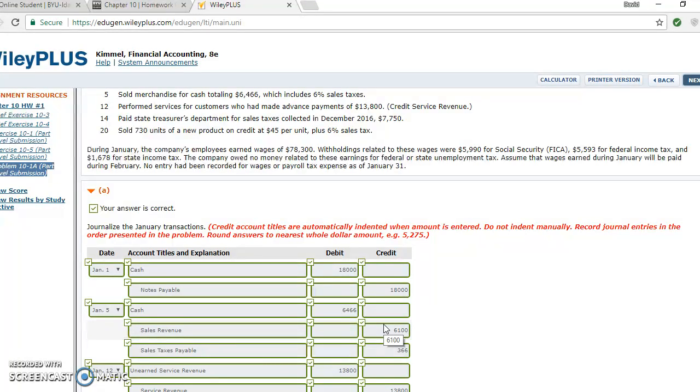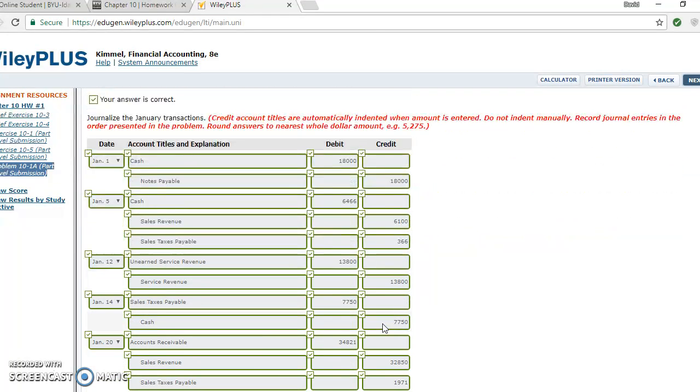Then we figure out the sales tax by multiplying the amount of sales revenue times 6%, come up with 1,971, and we add those both together to get the accounts receivable amount of 34,821. And here the credited amounts are the sales revenue and the sales tax payable that we calculated earlier.